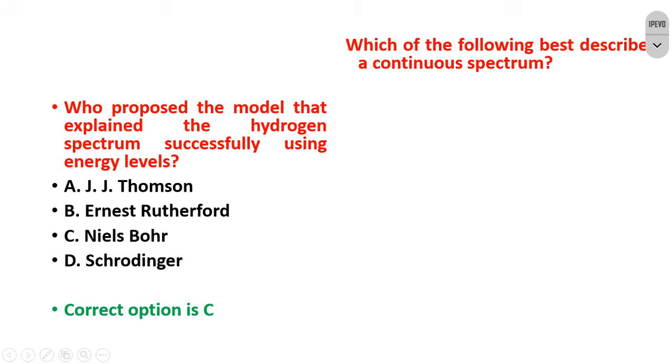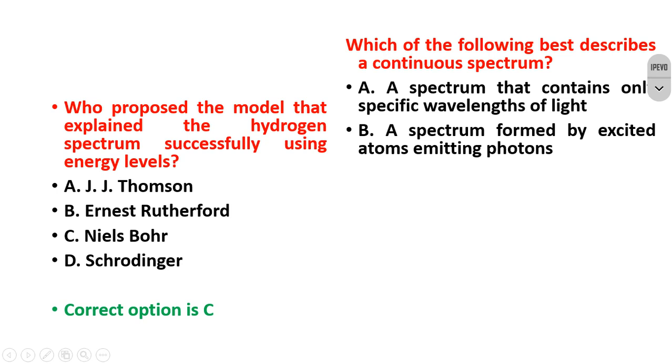Next one says, which of the following best describes a continuous spectrum? A. A spectrum that contains only specific wavelengths of light. B. A spectrum formed by excited atoms emitting photons.